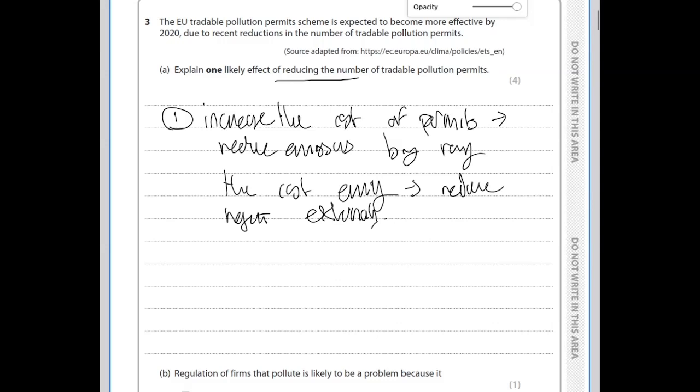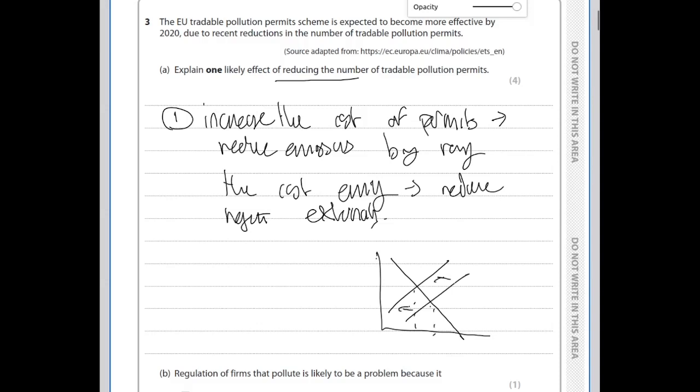I'm doing kind of a lot here for a 4 marker, but I just want to make sure I get the points. You're going to be expected to provide knowledge, application, and analysis points for this. So I'm looking for a definition somewhere. In this case, I'm using negative externality, so you could define negative externality. We could even do maybe a diagram, right? So if I did supply and demand, I might show a reduction in the supply leading to the increase in prices.